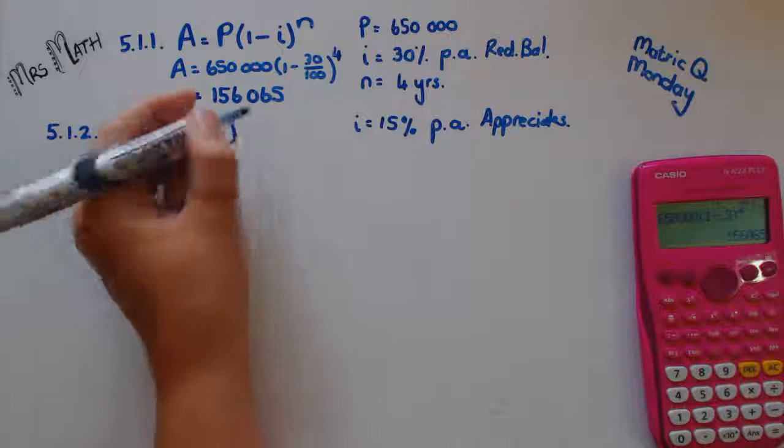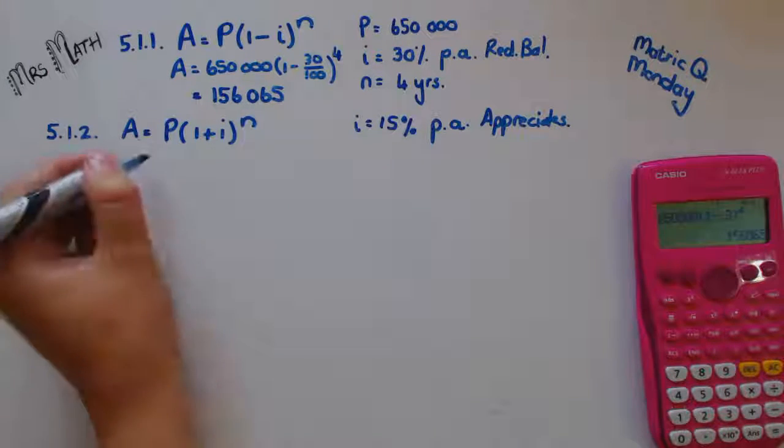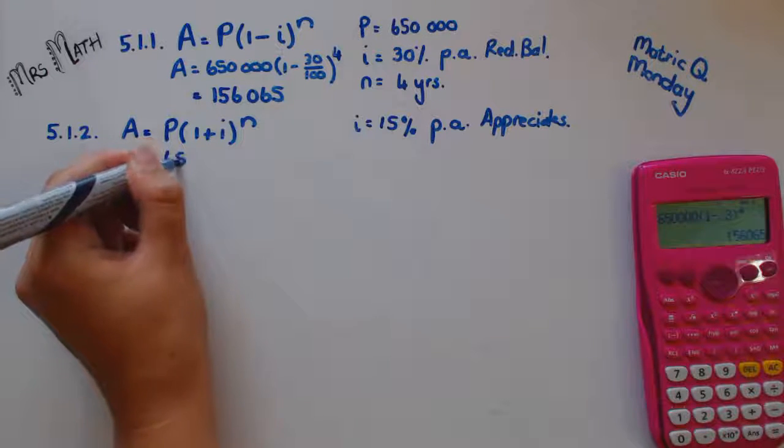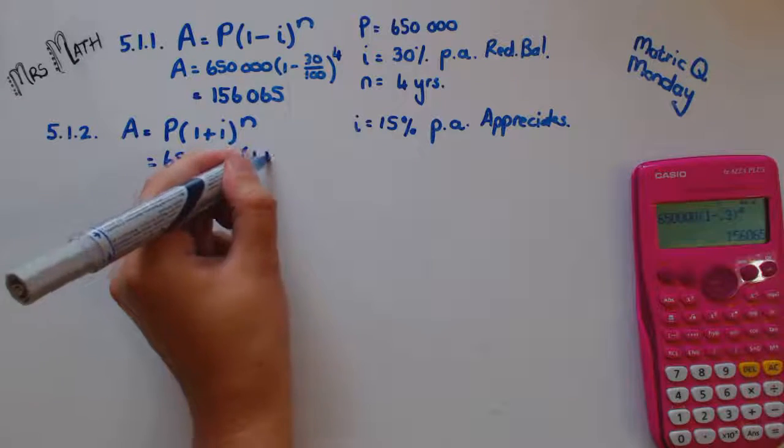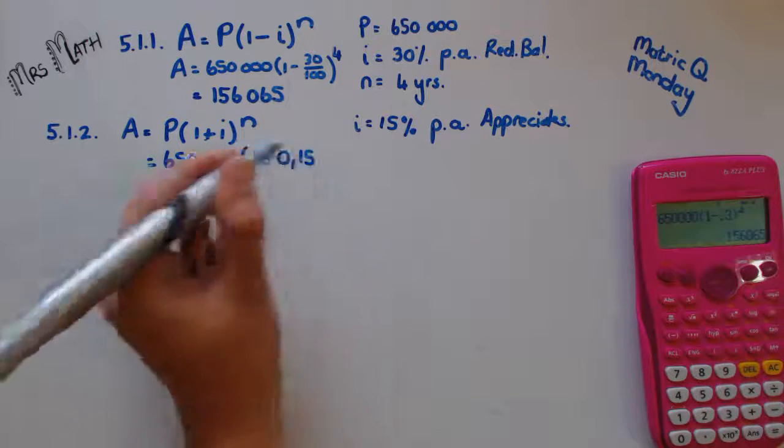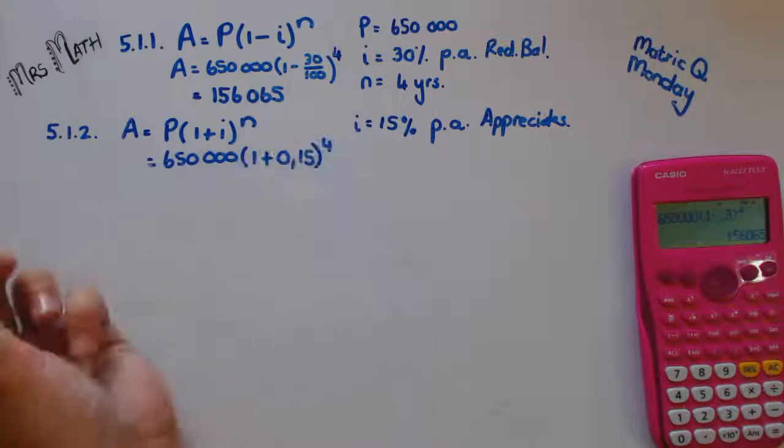Inflation, you should know this, works with the compound interest formula. I'm also going to start with 650,000, my interest being 15% for 4 years.